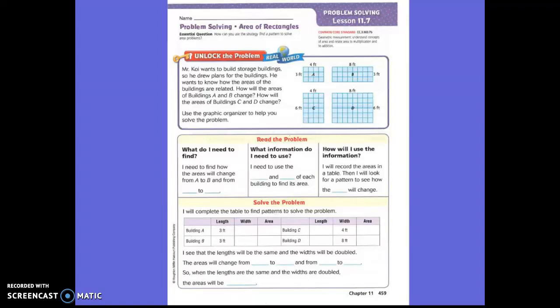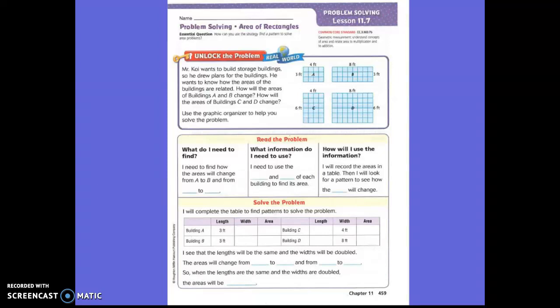Third graders, today we're going to solve area problems using the strategy Find a Pattern. Please read the story problem. Mr. Hoy wants to build storage buildings, so he drew plans for the buildings.